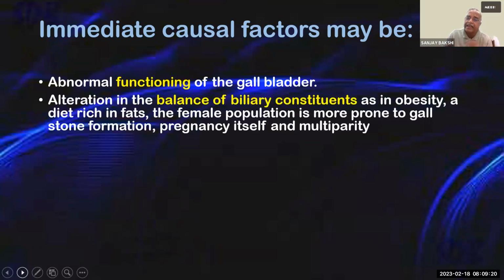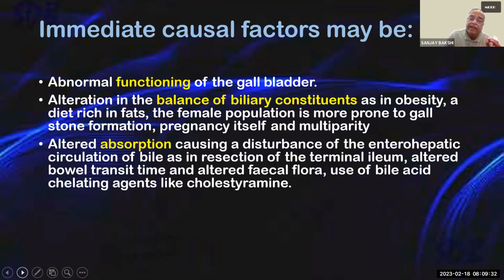As you quite rightly said, and Professor Shah also said, imbalance in the biliary constituents, obesity, fat-rich diet, female population being more prone to gallstone formation, pregnancy itself, and multiparity. Then altered absorption, because there's an enterohepatic circulation of bile.